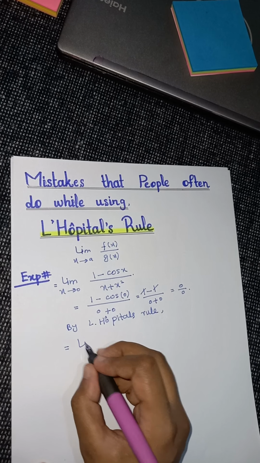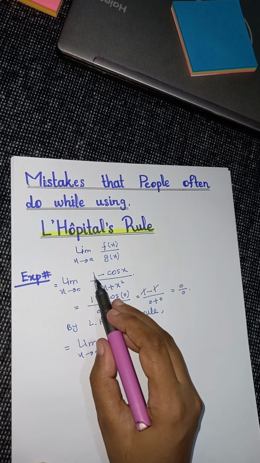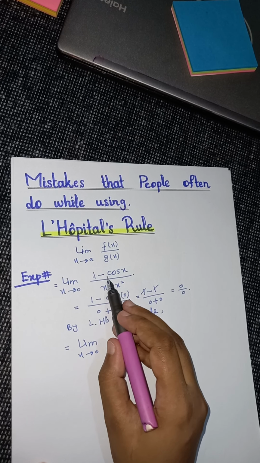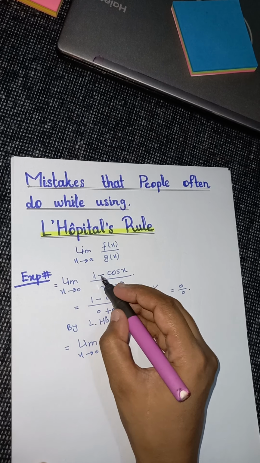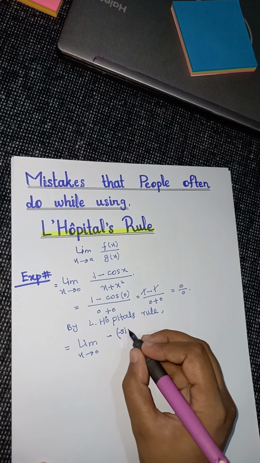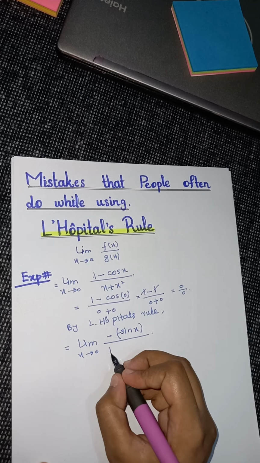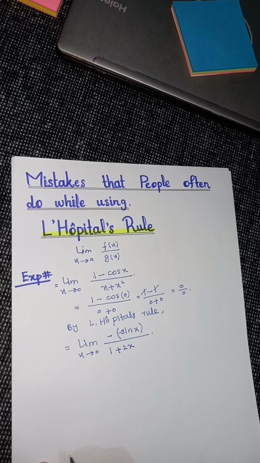we will have the limit as x approaches 0. The derivative of 1 is equal to 0, and the derivative of cos x is equal to negative sin x, so the negative sign stays, and it will be divided by the derivative of x, which is 1, and the derivative of x square, which is 2x.